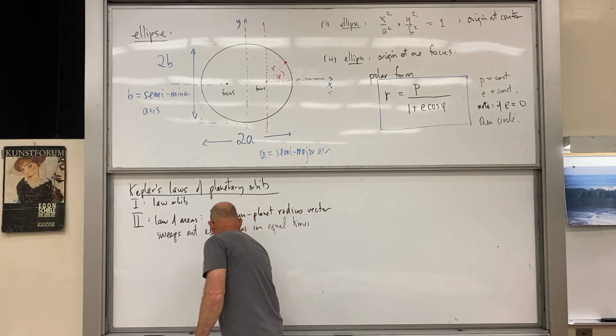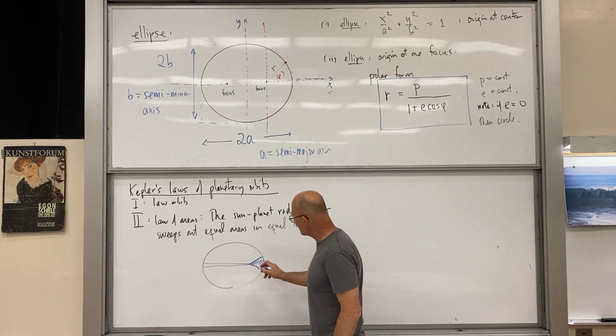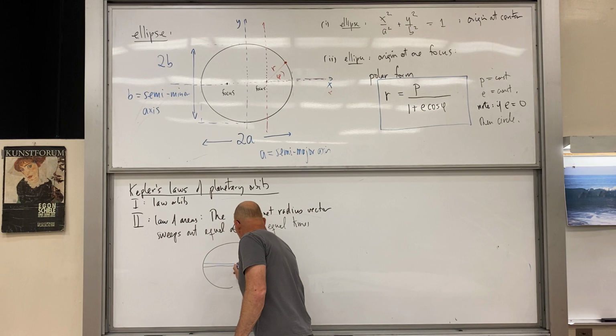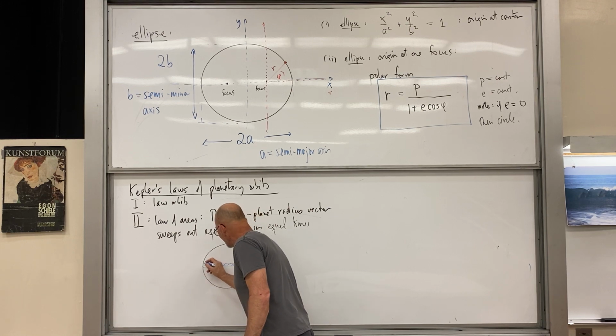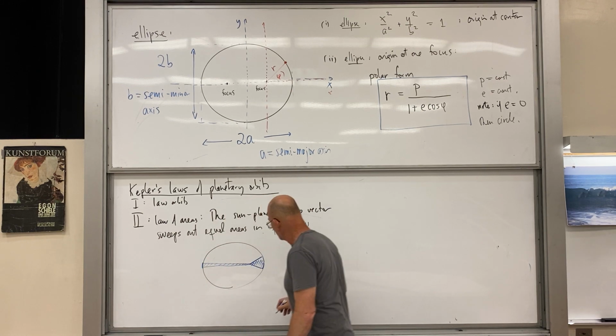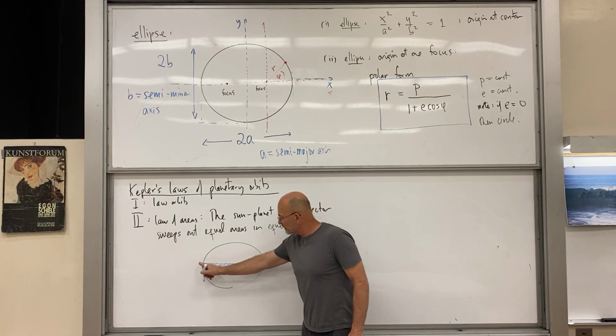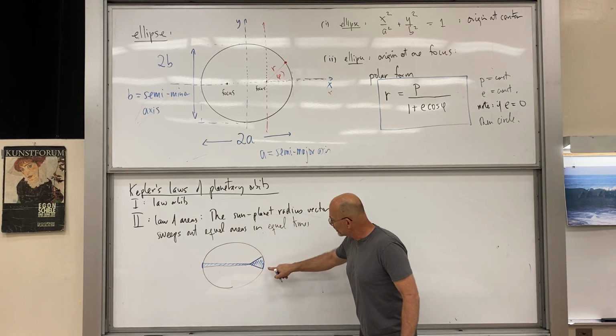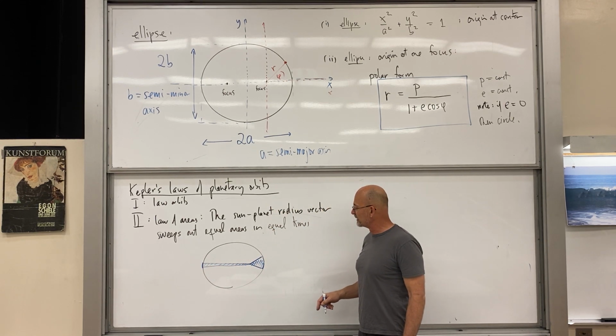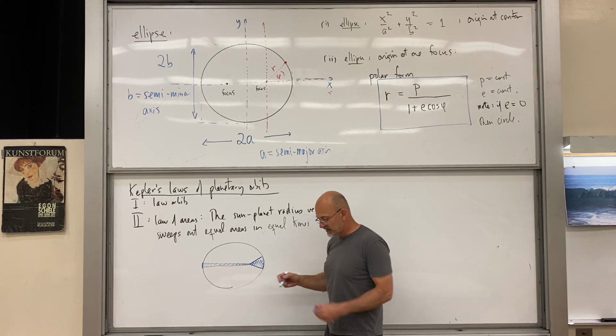So I'll draw a really thin one. So these are equal areas. Of course, what that means is that our planet is orbiting much slower on this side, moving faster on this side. Okay. So faster the closer to the central body.